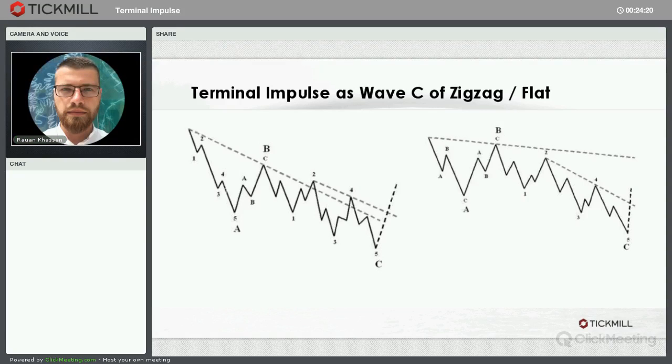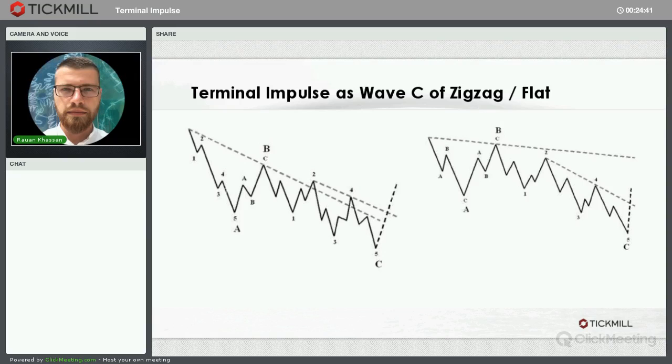So identical to signal line 2-4 in trend impulse, in zigzags and flat corrections it is signal line 0B, which marks the beginning of the entire wave structure with the beginning of wave B.